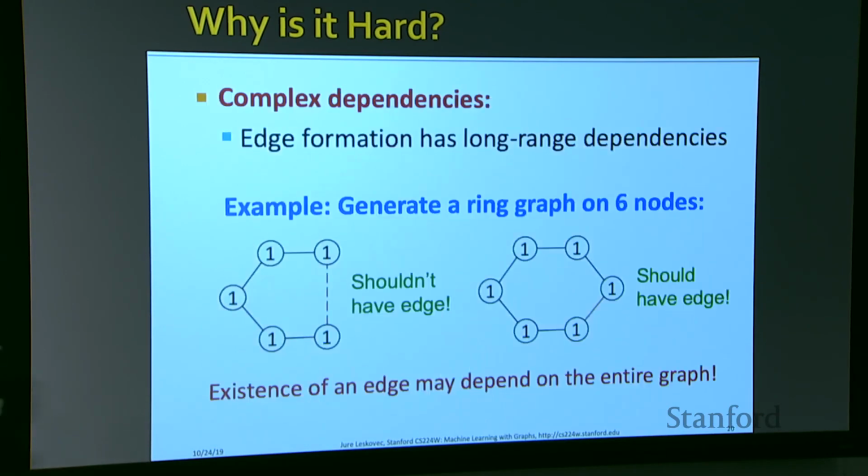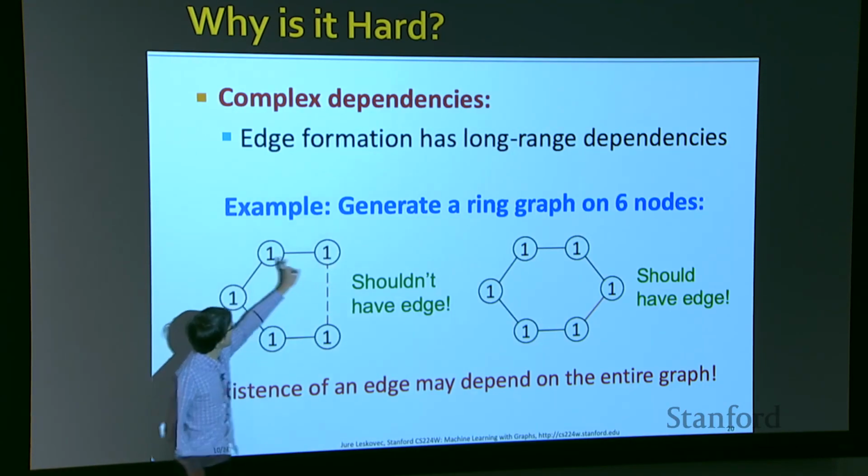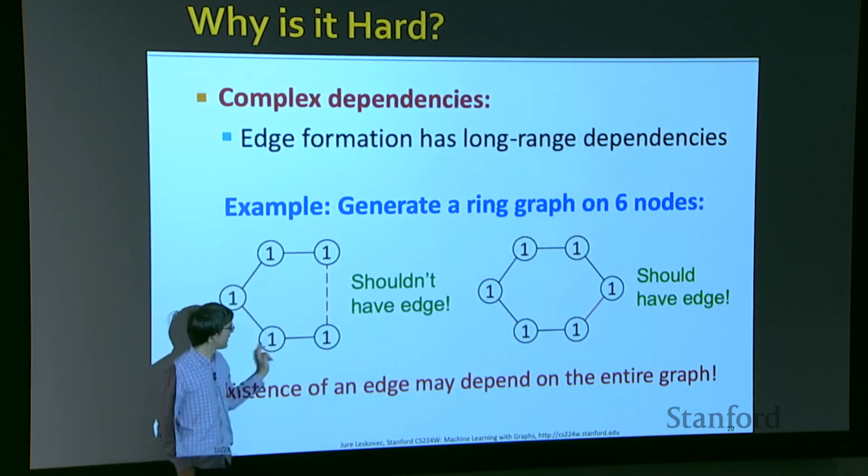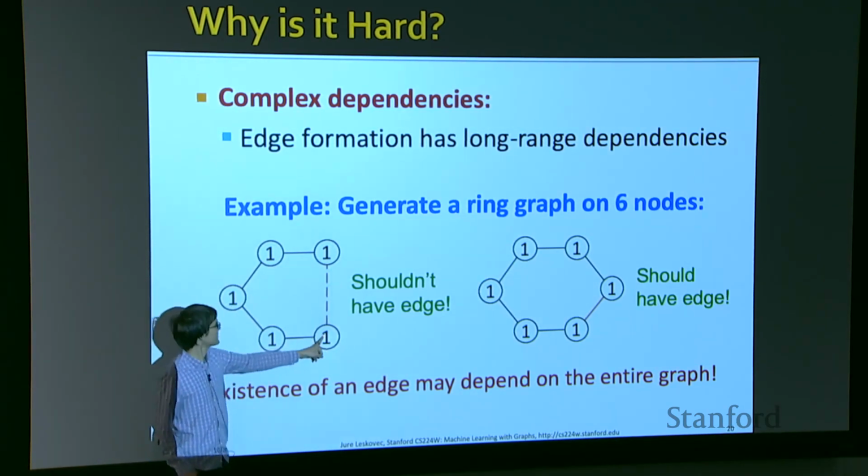And another reason why this is hard is that you need to have long-range dependencies, right? If I would like to generate a cycle on 6 nodes, and I generate it step by step, I would start here, and then say, link back, link back, link back. But here I say, you must not link to this one.